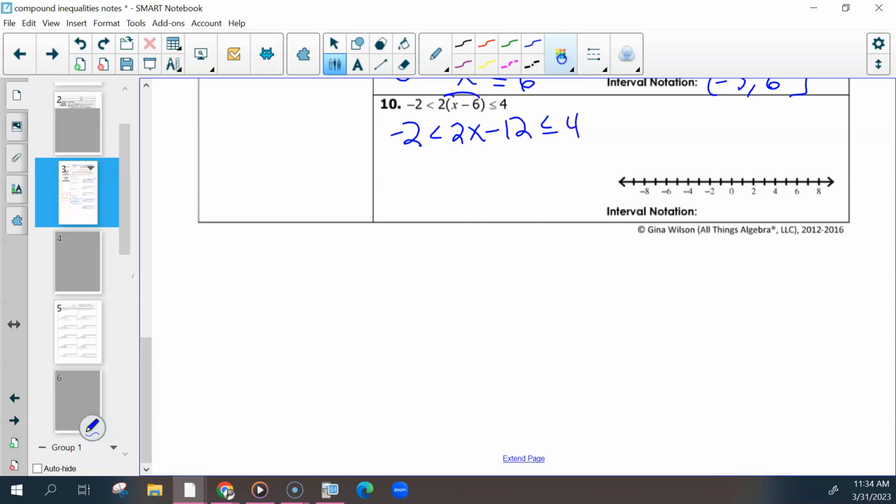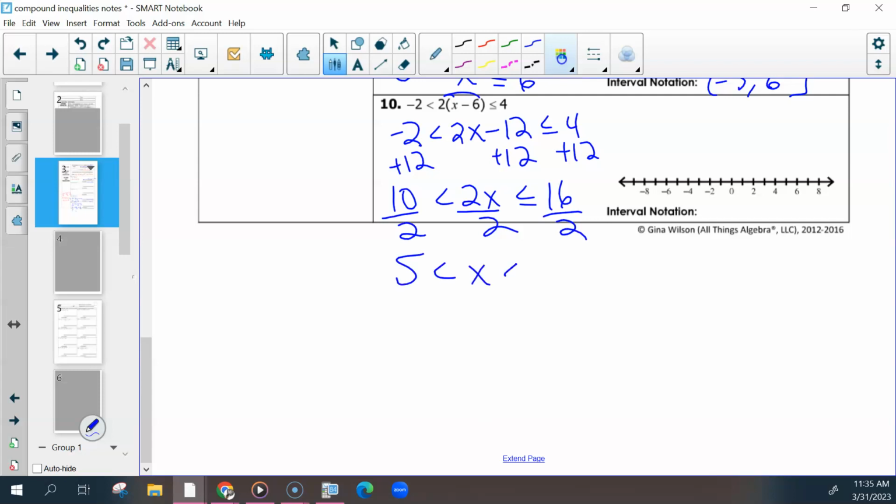Then it is very much like our other problem. Add 12 to both sides. So this would be 10 is less than 2x is less than or equal to 16. Divide both sides by 2. 5 is less than x, which is less than or equal to 8.